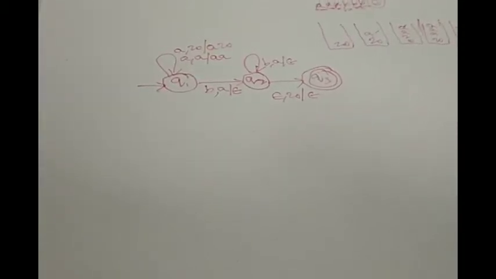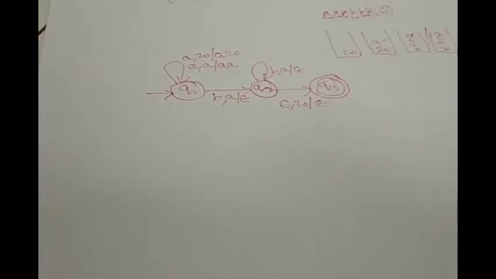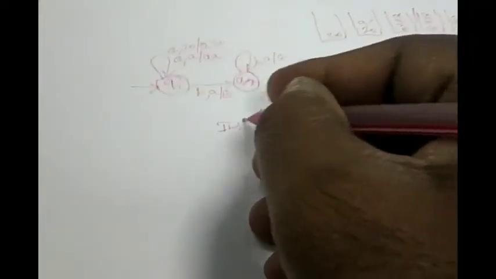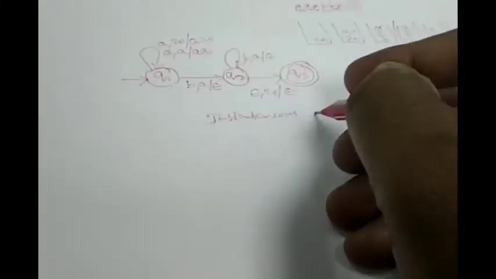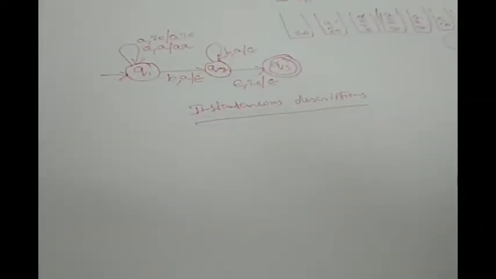Now we will just write down the instantaneous description. Whatever transitions we have encountered in the diagram, that is going to be the instantaneous description. So what are instantaneous descriptions?